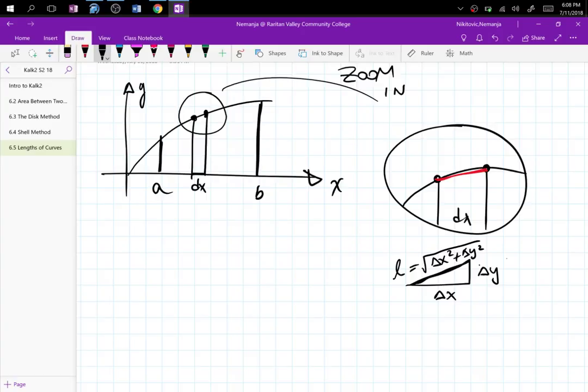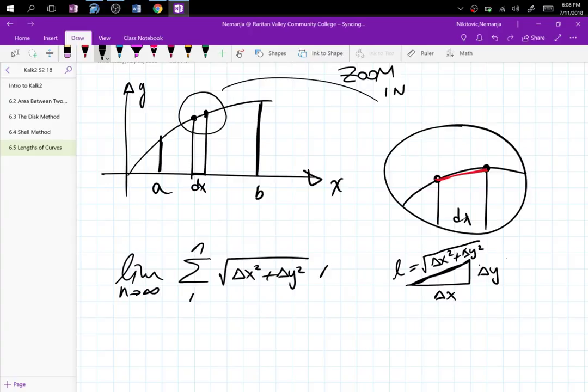So now what I'm going to do is I'm going to say, well, we are going to have the limit as n goes to infinity of the summation 1 to n of the square root of delta x squared plus delta y squared, all of that times delta x.